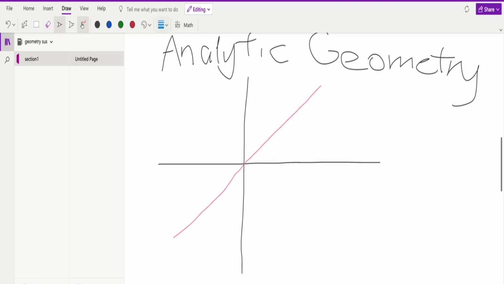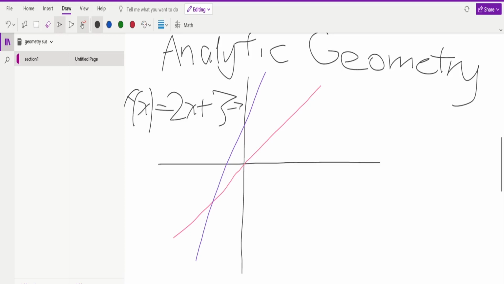And then I also have a different line, 2x plus 3, and that looks like that. I'll label this f of x equals 2x plus 3, and over here is f of x equals x.